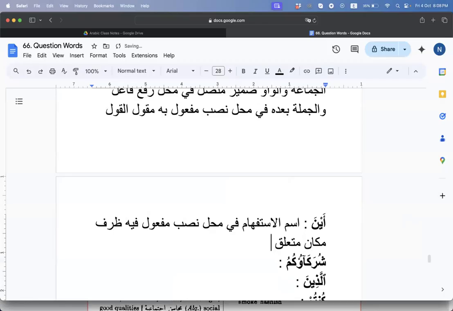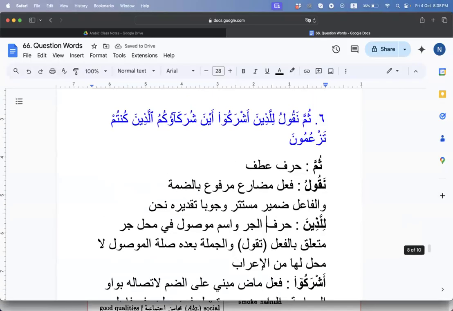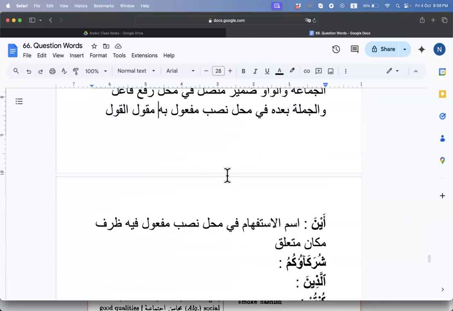Do we have jumlah ismiyah or jumlah fi'liyah after aina? After aina, jumlah ismiyah. So the aina itself is muta'alliq bil? Bil khabar. We don't say bil mubtada. Since this is jumlah ismiyah, muta'alliq bil khabar.